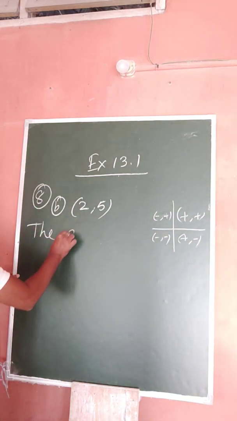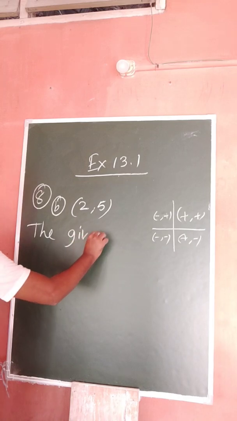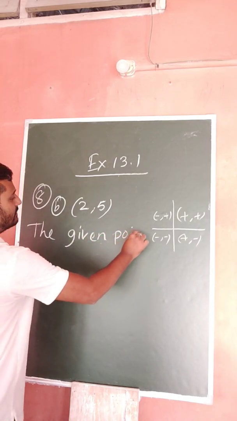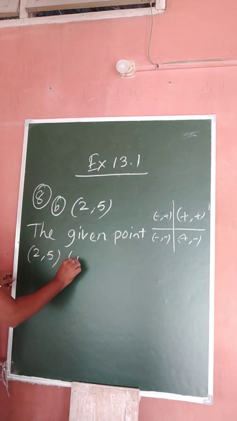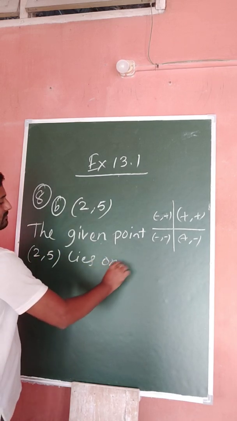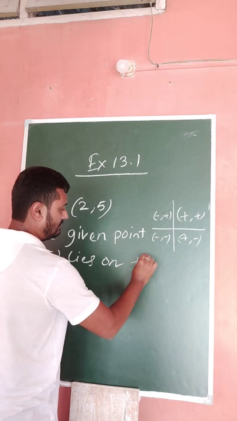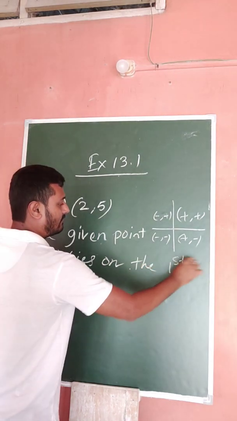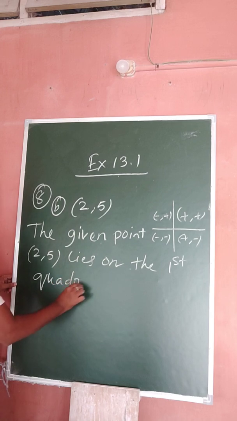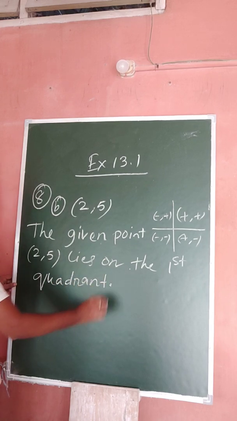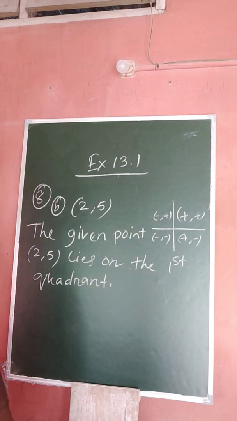So the given point 2, 5 lies on the first quadrant.